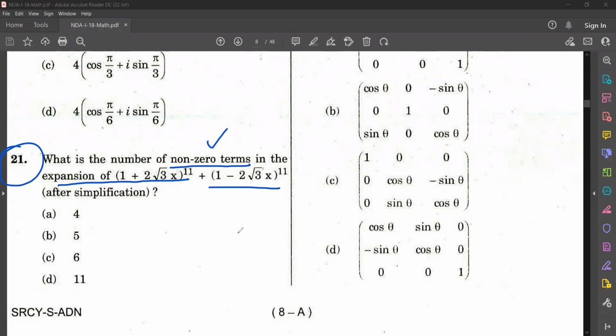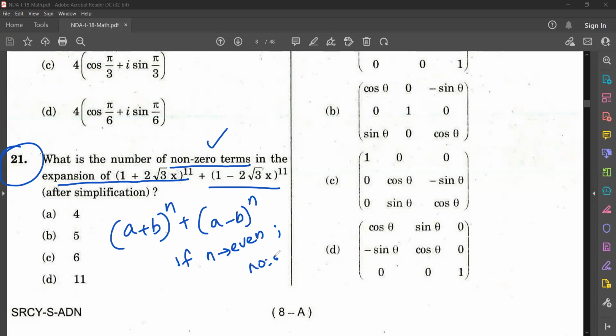See, listen. Here you have to learn by heart two conditions. If we are given a question like (a plus b) the whole raised to n plus (a minus b) the whole raised to n, then if n is even, the number of terms will be (n plus 2) by 2.